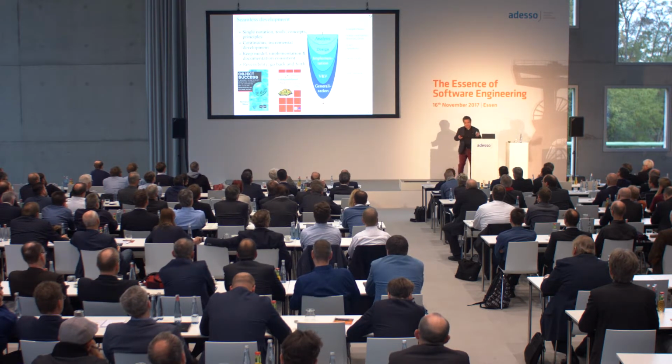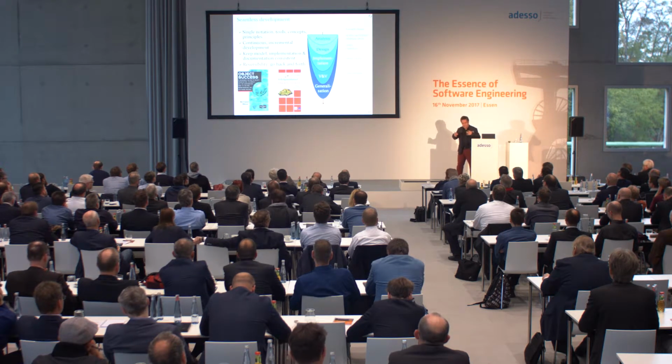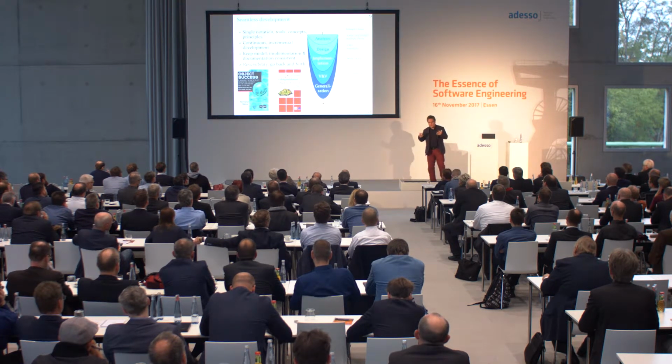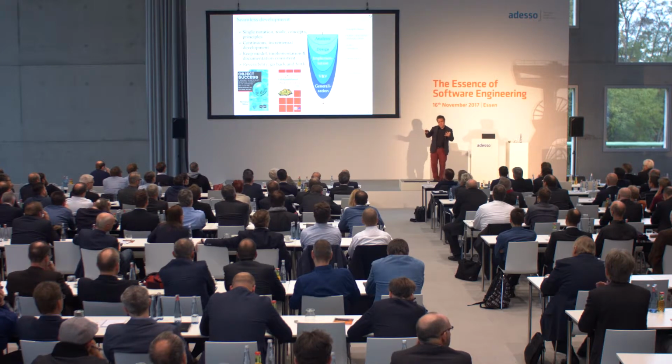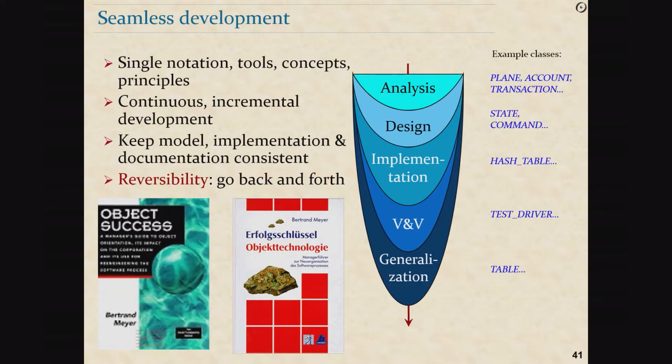And this is what Eiffel is. It's a notation and a method that try to accompany you throughout the software development life cycle without forcing you to be Dr. Jekyll in the morning and Mr. Hyde in the afternoon, to do something for requirements, something else for design, and yet something else for implementation, and yet something else for, say, V&V.